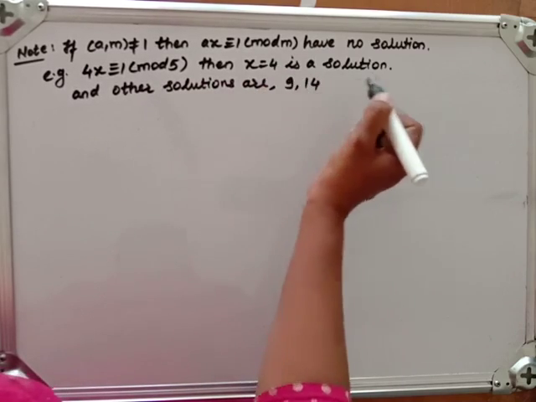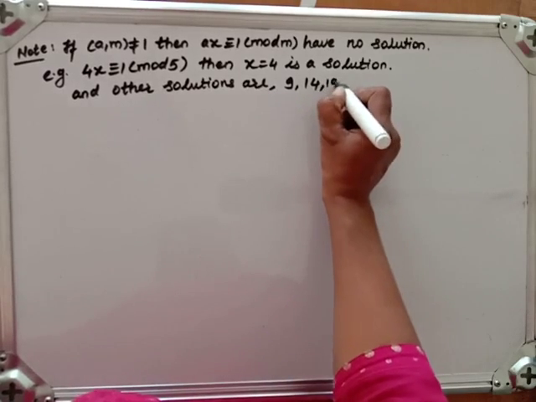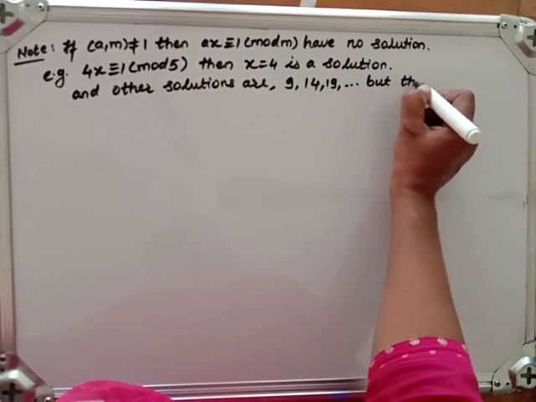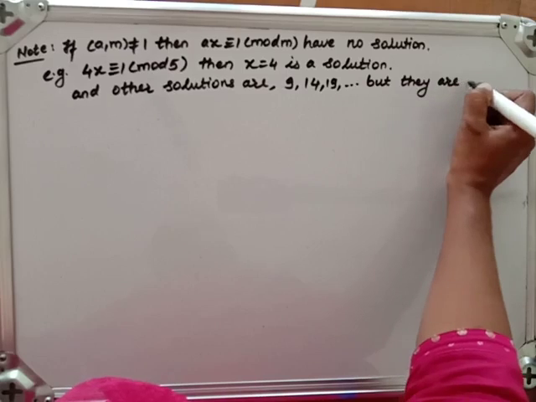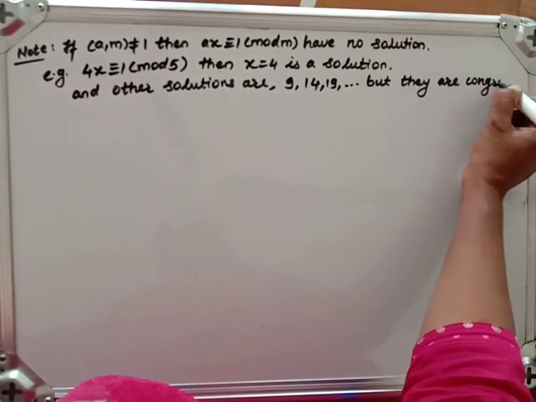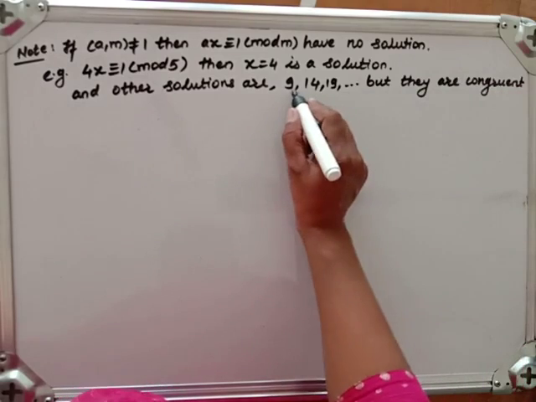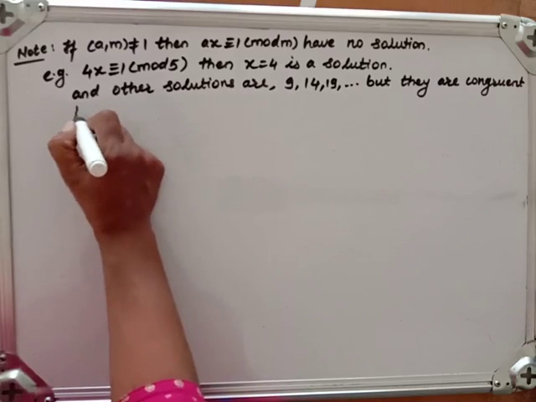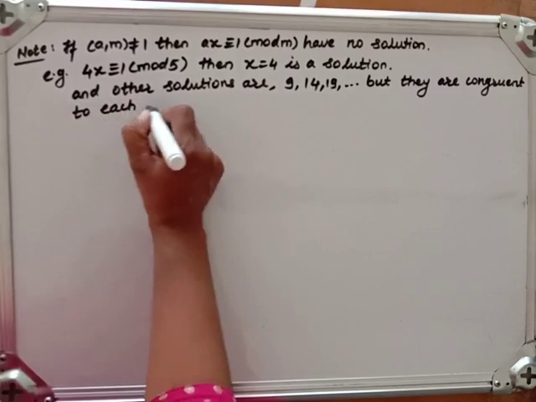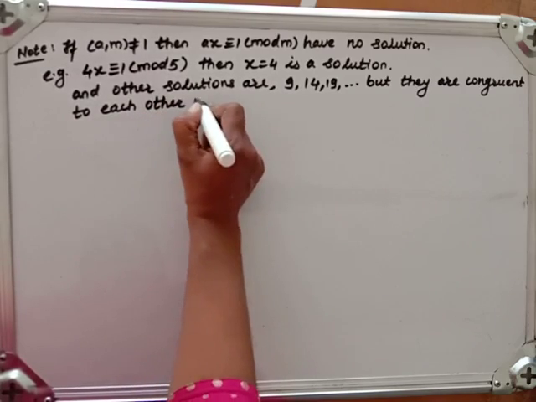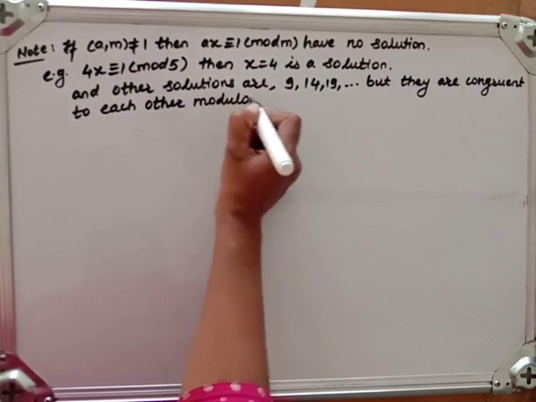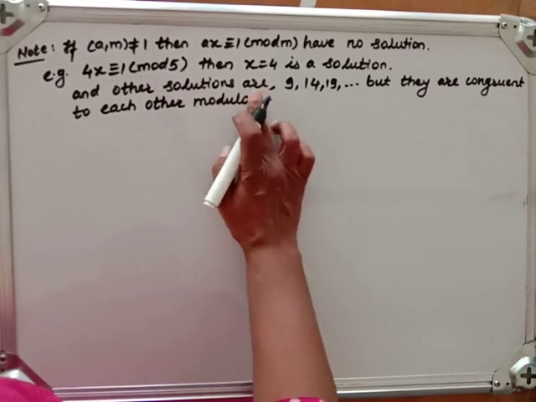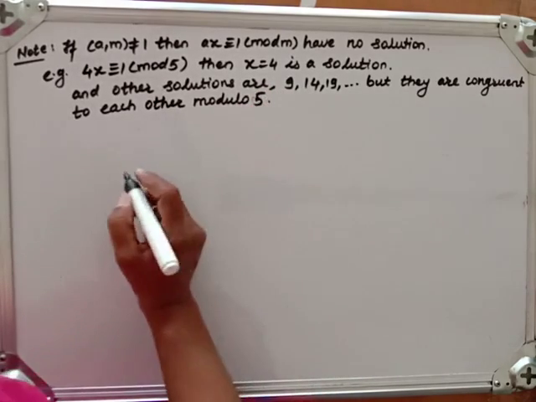If we add 5, each one will be a solution. So it has infinitely many solutions. But they are congruent to each other. Their remainder is always 4 modulo 5. That's why they are congruent to each other modulo 5. While they are different, the remainder is always 4 modulo 5.